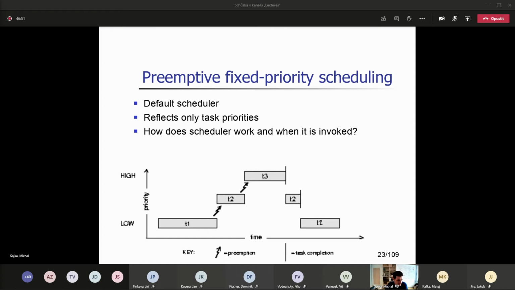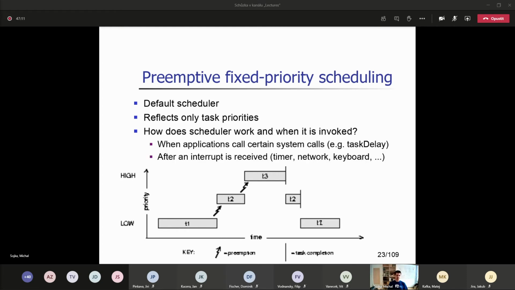And then there is another case when the operating system scheduler is invoked. Does anybody know in which other situation the scheduler is invoked? Let's not wait. Here are the answers.